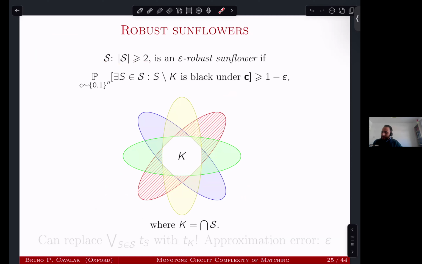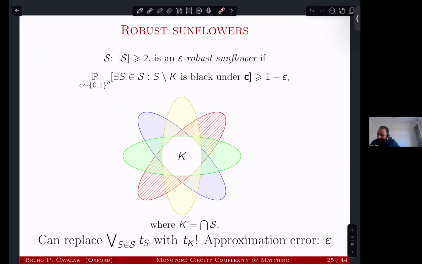So if there exists a hyperedge such that it is black outside of the core with high probability, right? In other words, you always need to color the core to get a black hyperedge. And if you color it, with high probability one of the hyperedges is colored black as well. And it's necessary exactly because the core is the common intersection of all the elements.